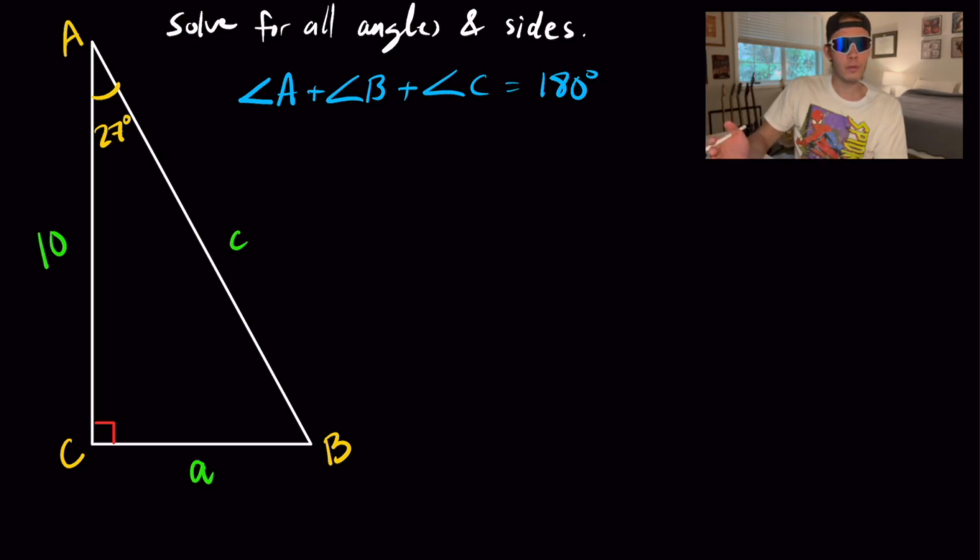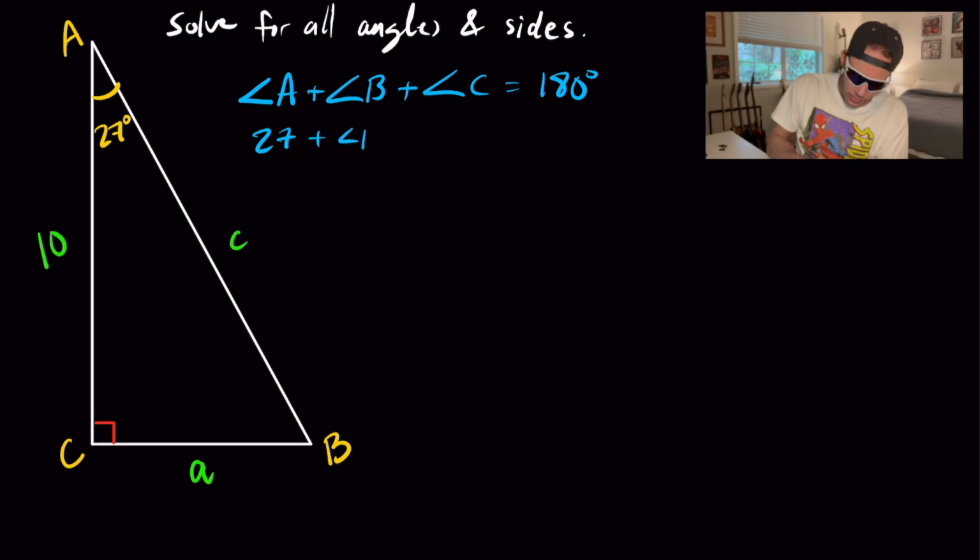Well, we have two of our angles, so this should be pretty easy. We can find the missing one. So angle A is 27 plus angle B, we don't know. I'll just write the letter. Plus B, and then plus angle C, right? That's a right angle, which is 90 degrees, and all that should equal 180. Well, 27 and 90, those two together make 117.